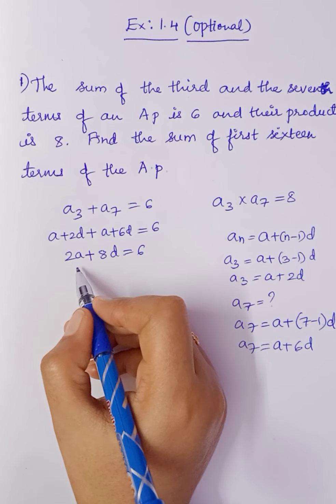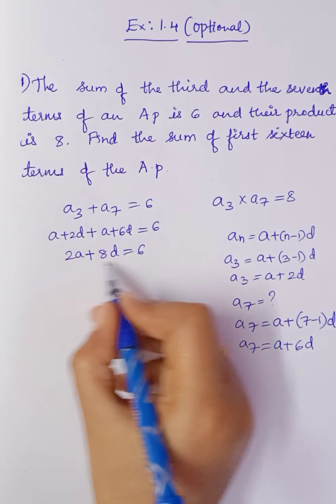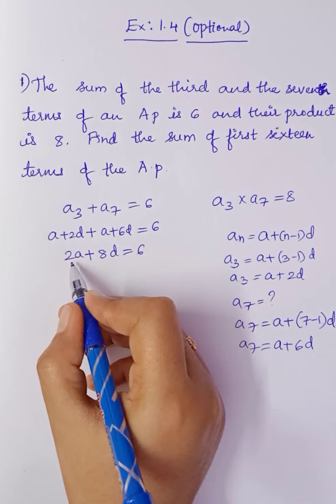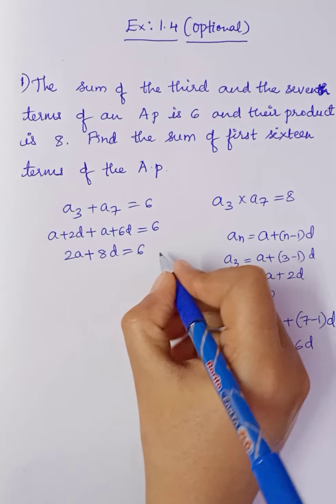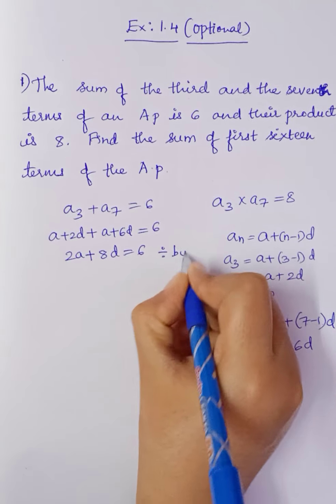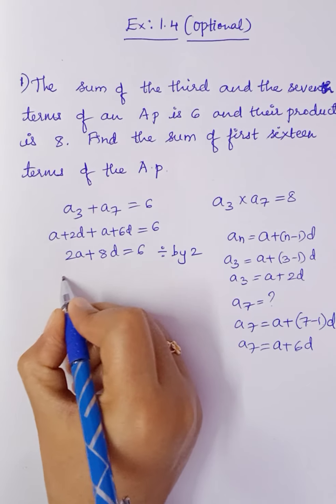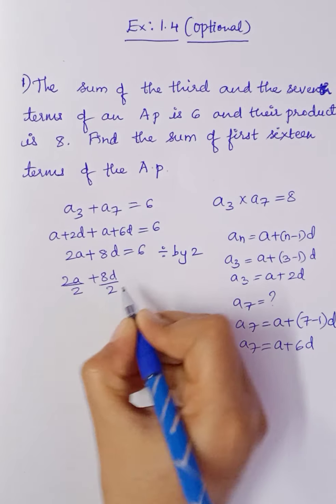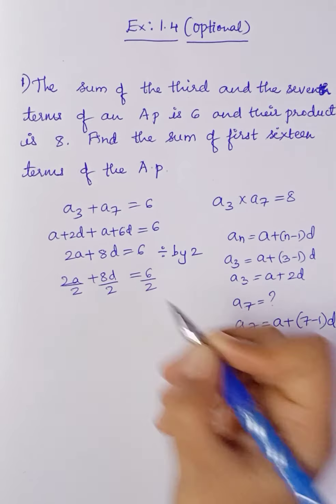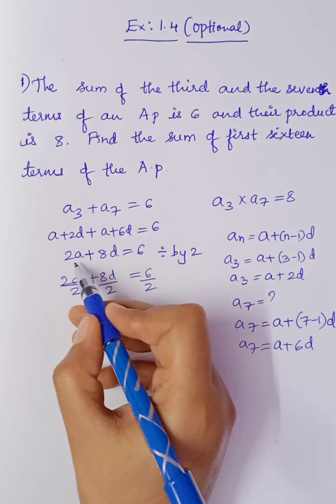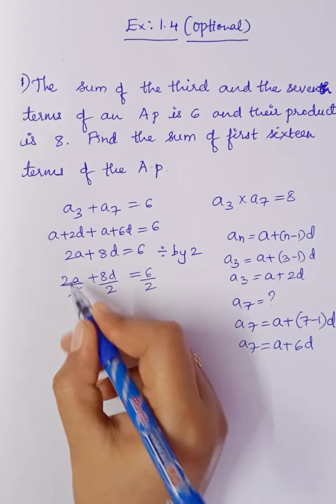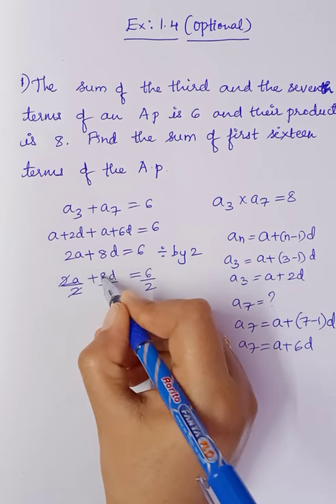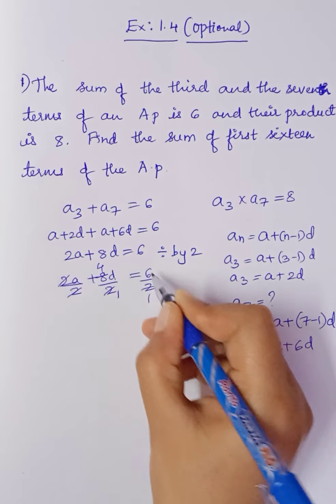Now I am going to divide this throughout by 2 because all are divisible by 2. So 2a by 2 plus 8d by 2 is equal to 6 by 2. Dividing throughout this equation by 2, the 2 will get cancelled. 2 ones are 2, 2 fours are 8. 2 ones are 2, 2 threes are 6.